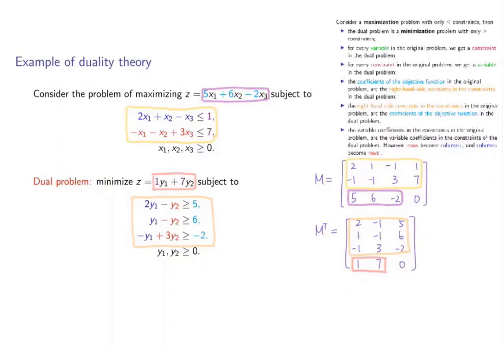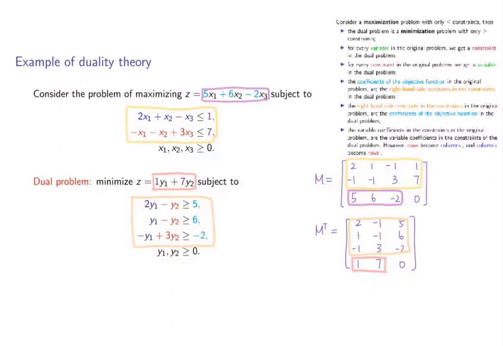Next, we construct the transpose of this matrix M. This time, the transpose of the matrix becomes a 4x3 matrix. It means that there will be 3 rows that refer to the new constraints of the dual problem, and 1 row which corresponds to the objective function of the dual problem.